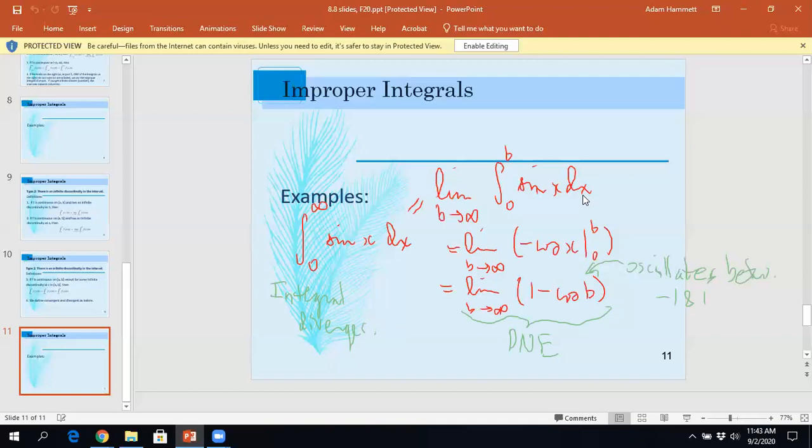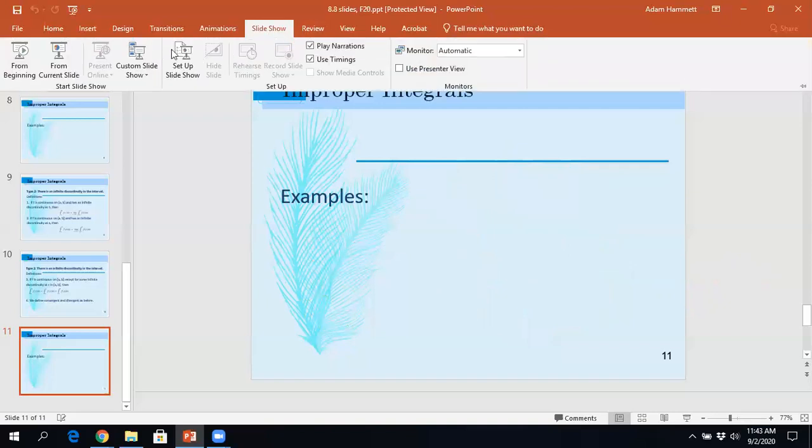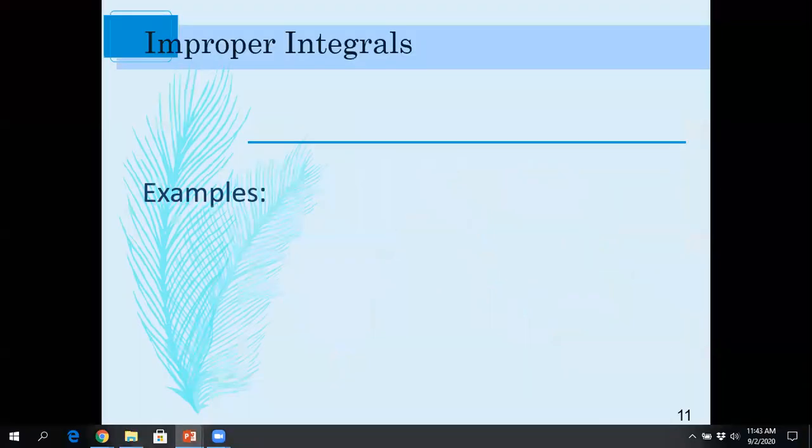Any questions on that? In the last 2 minutes, I just want to point out one more example. What if I did the integral from minus infinity to infinity of sine x dx?